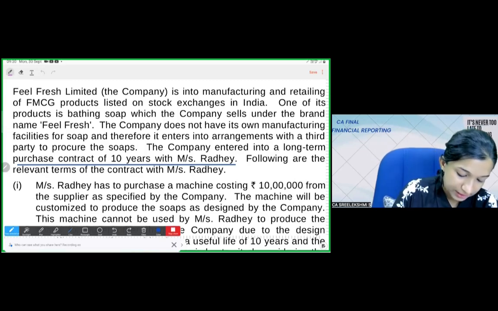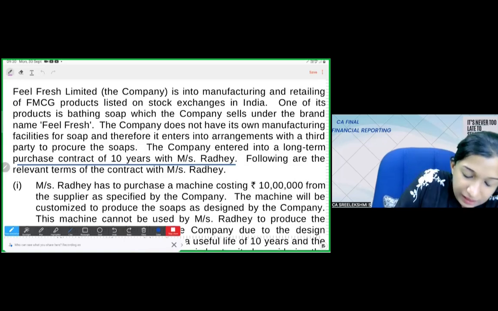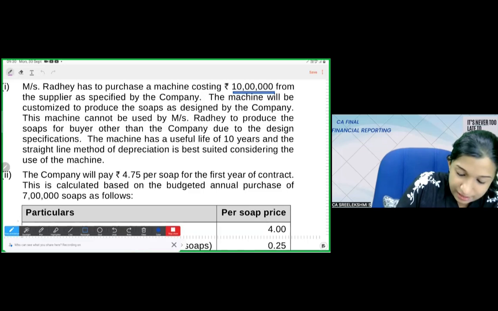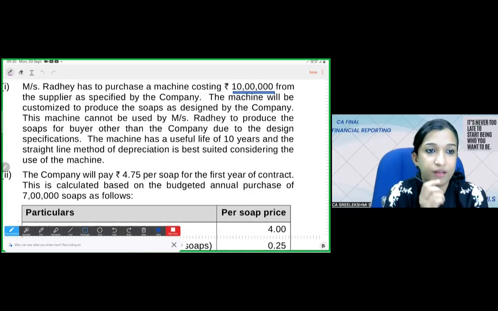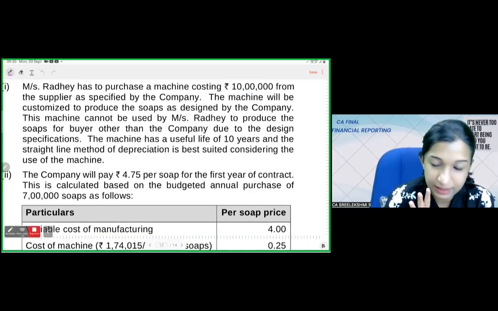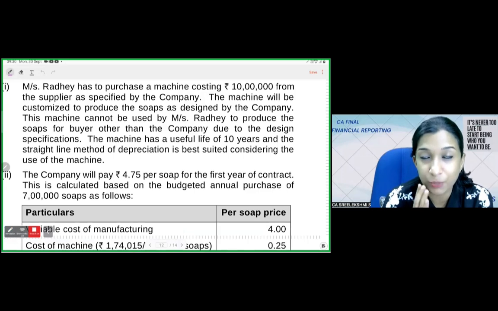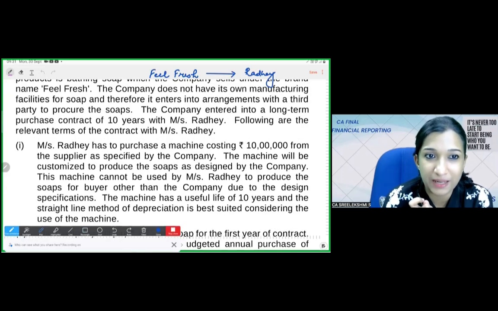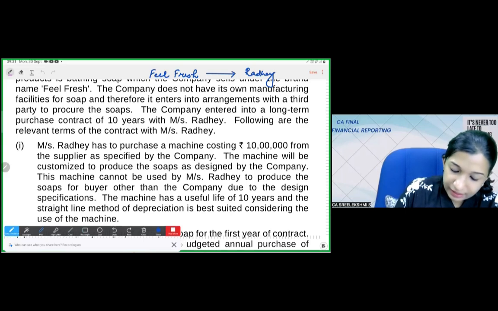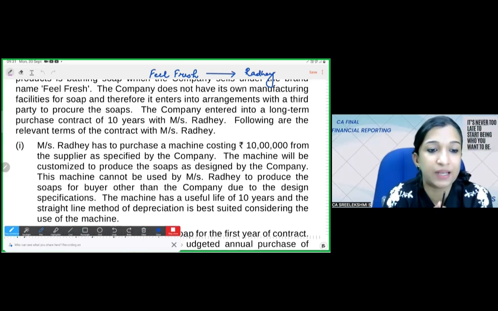So Feel Fresh has entered into a contract with Radhe to purchase soaps.